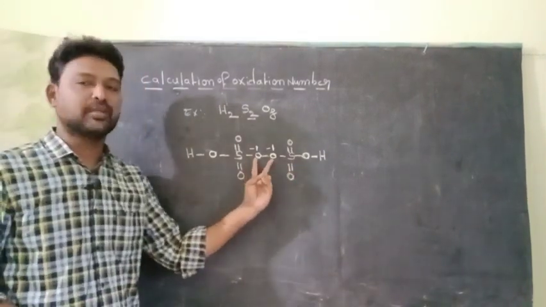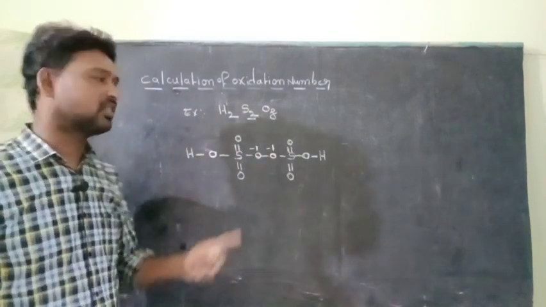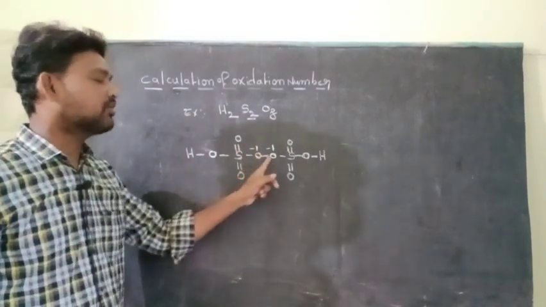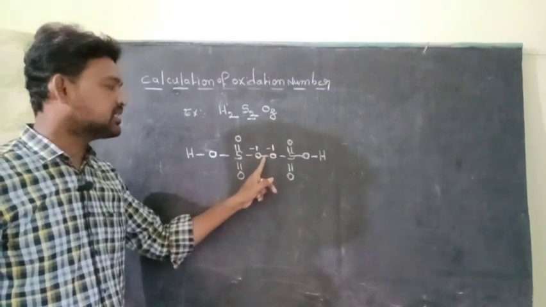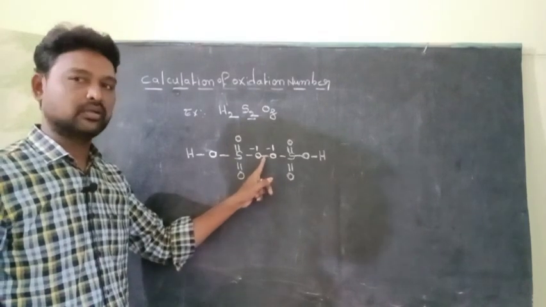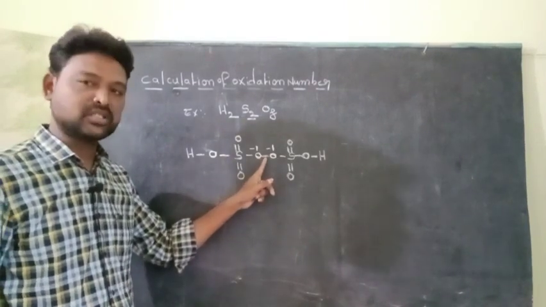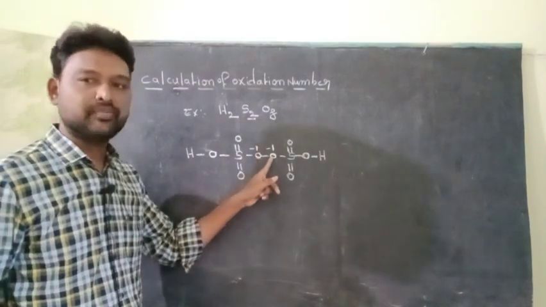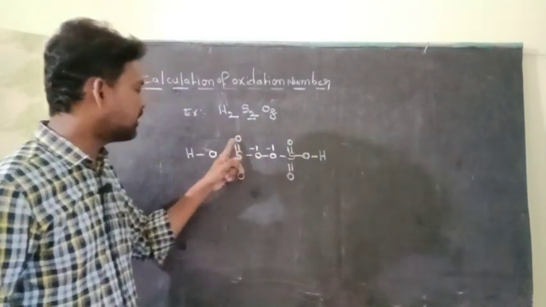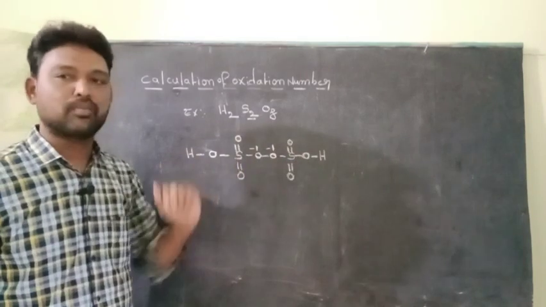Only these two oxygen atoms are bonded to each other by one single bond. That's why these two oxygens are peroxygen atoms. This bond is the peroxy bond. The remaining oxygen atoms are normal oxygen atoms.